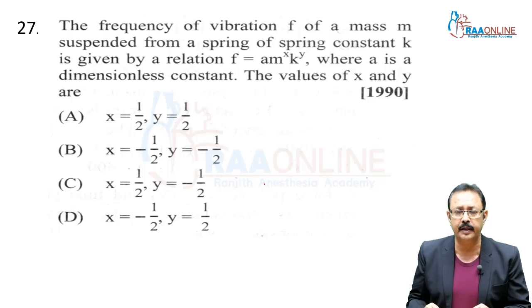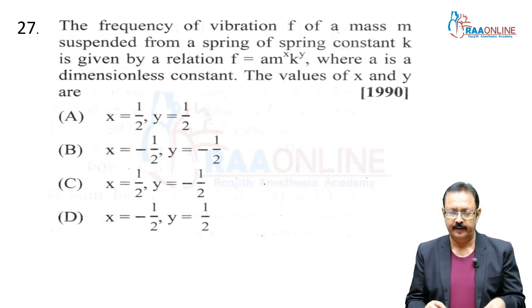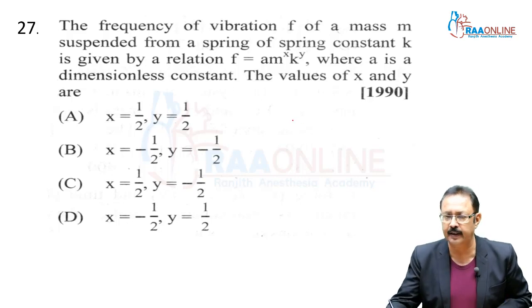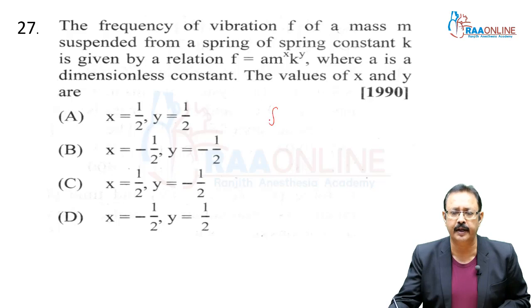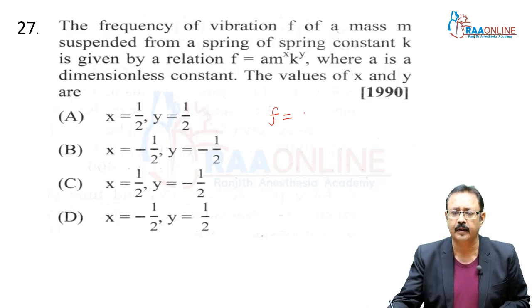Frequency can be equal to frequency only. If on the left hand side there is frequency, dimensionally a has no role. So dimensions of f should be equal to dimensions of m raised to the power x multiplied by k raised to the power y.